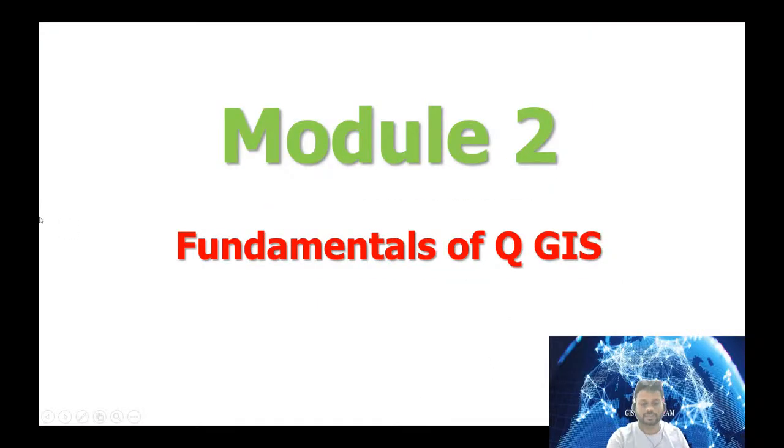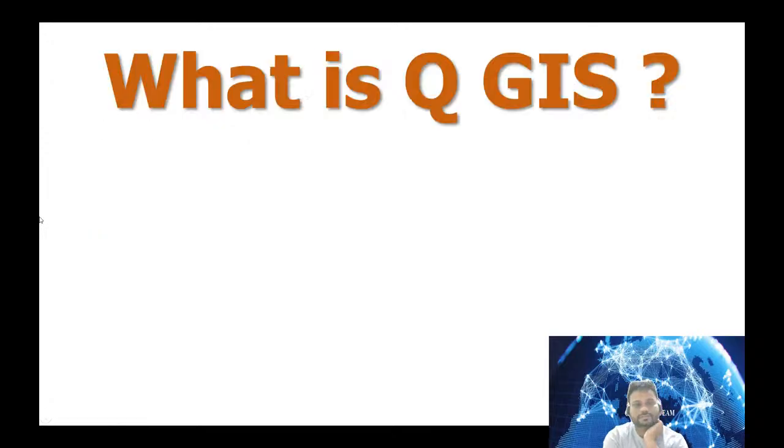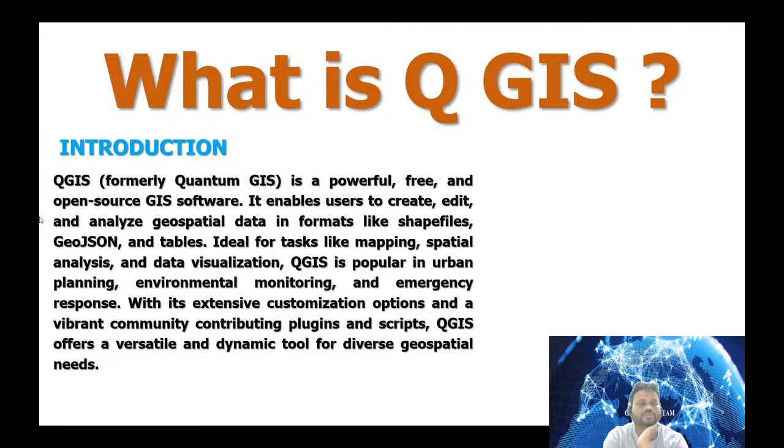So fundamentals of QGIS. What is QGIS? QGIS, formerly Quantum GIS, is a powerful, free and open source GIS software. It's absolutely free, and I have shared the setup file with all of you through email and WhatsApp. Just see and try to install this.